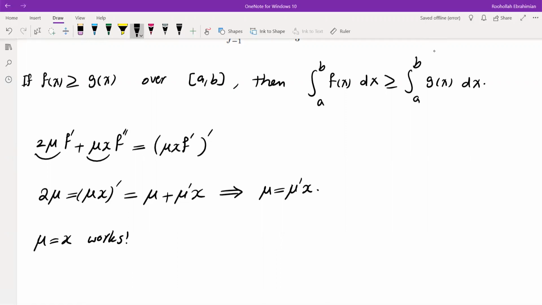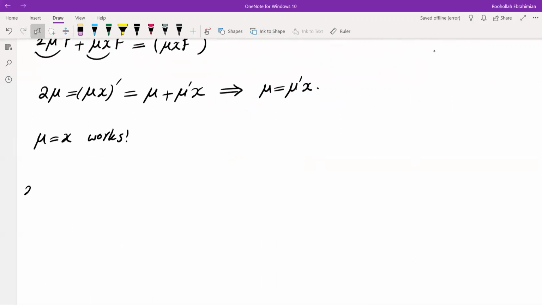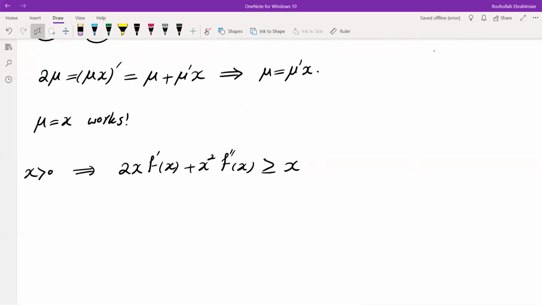Okay, so now that mu equals x works, we could multiply both sides of this by x, but the problem is my x could be negative, so I'll have to take 2 cases. But let's focus on the case when x is positive. If x is positive, we get 2x f prime plus x squared f double prime is greater than or equal to x. And that can definitely be integrated because this is the derivative of x squared f prime.